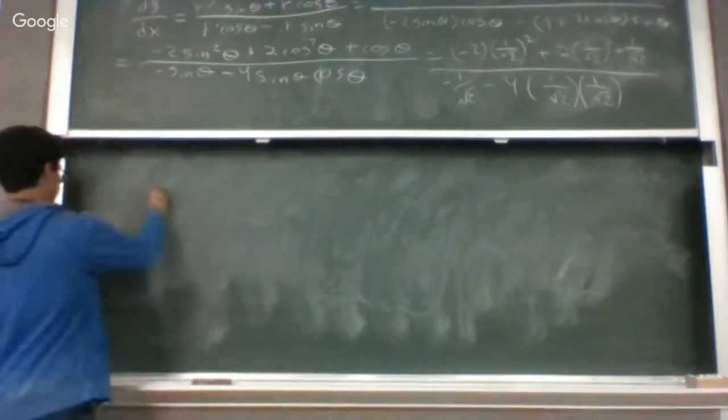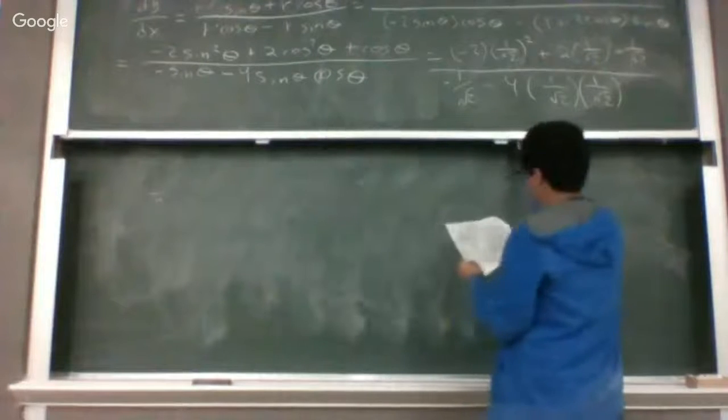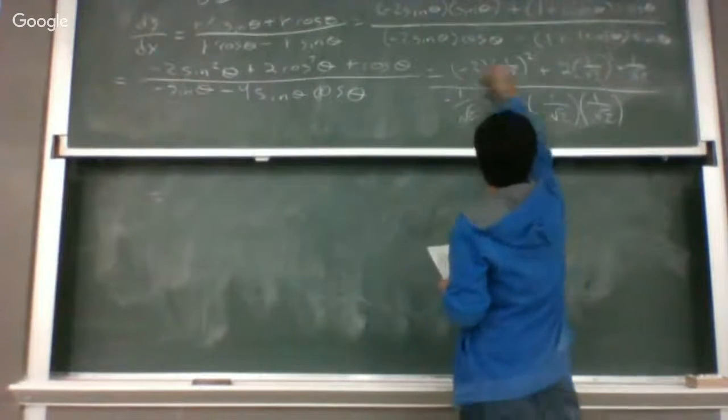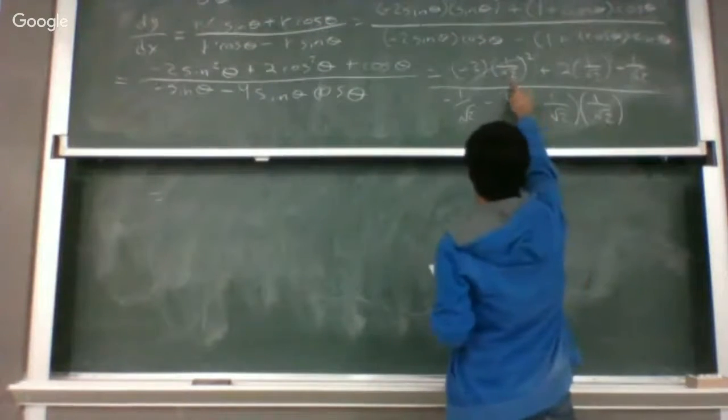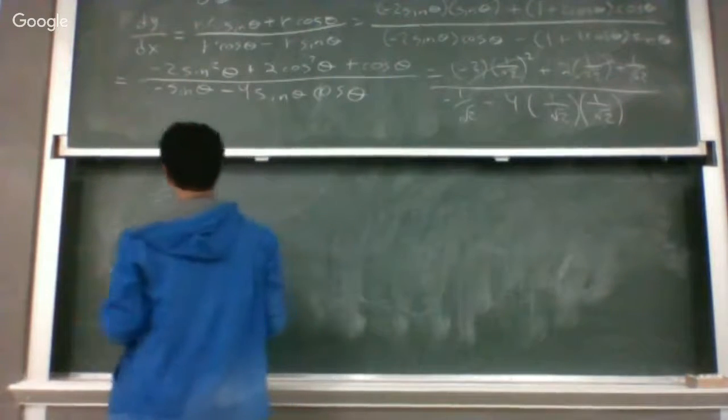So then that's equal to, those are divided by 2, so that's negative 1. That's equal to a 1. So that's plus and minus 1.